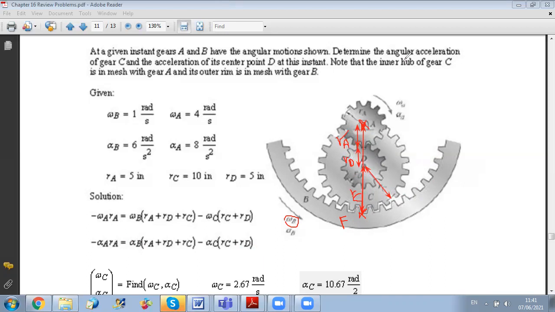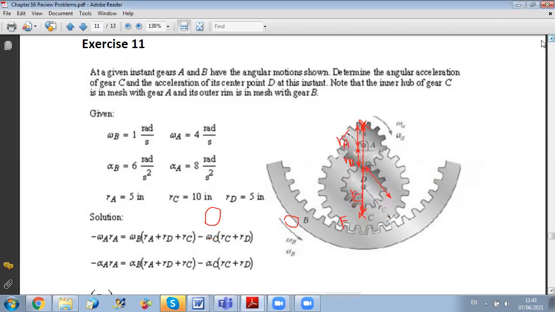So what we did until now, we have calculated omega C, the angular velocity of gear C. But what they asked for is the angular acceleration of C, not only the angular velocity. But in order to find the angular acceleration, we need to pass by the angular velocity. Now, what can we do?